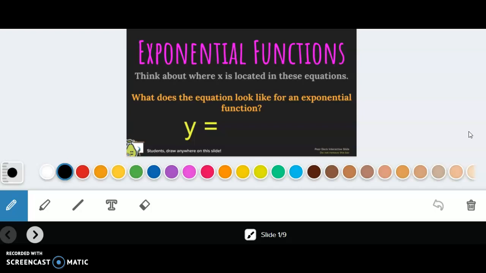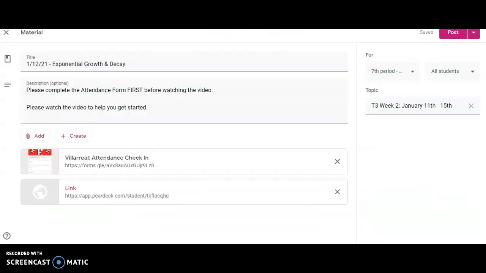Okay, so our assignment for today is over exponential functions and determining whether they are growths or decays. So here, looking at the first slide, this is your first slide in your Pear Deck. I'm sorry, hold on, let me backtrack real quick. In Google Classroom for today, our date is 1/12.